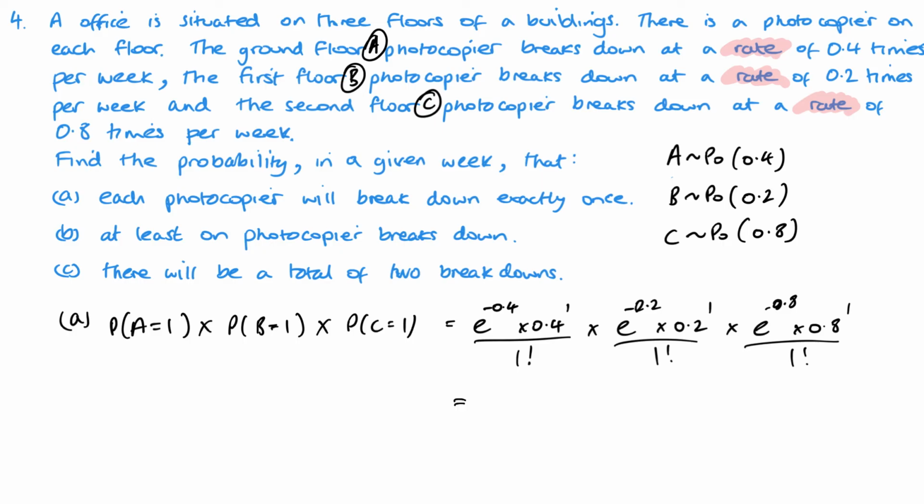Now, let's put in some values for these, so we get for the first one 0.26813, and we've got 0.16375 and 0.35946. That then gives me a final answer of 0.0158. This is to 4 decimal places or 3 significant figures here.